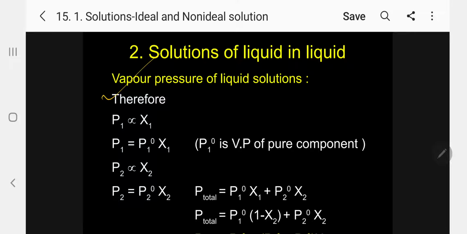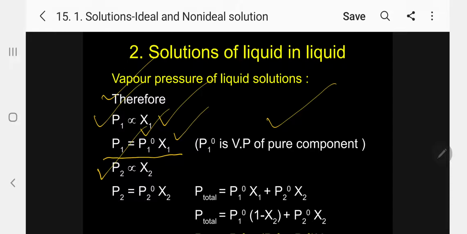Therefore, let me take P1, vapor pressure of solvent, is directly proportional to mole fraction of solvent. Or in order to equate, I am putting a constant P1 0. Therefore, P1 equals P1 0 X1, where P1 0 is a constant called the vapor pressure of the pure component. It's a constant. As usual, X1 is the mole fraction of solvent.